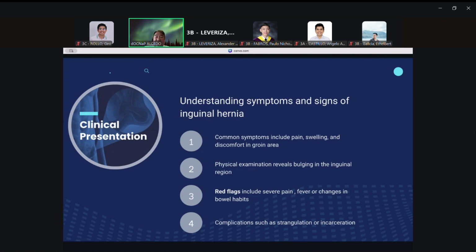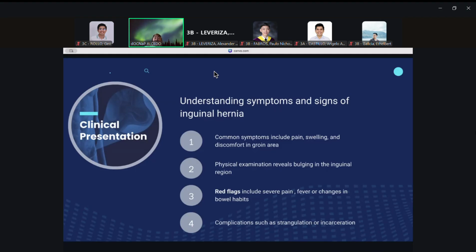So of course, what we should watch out for are red flags, which would indicate the beginning complications of hernias, and this includes pain, fever, changes in the bowel habits, no? Especially presenting as intestinal obstruction.